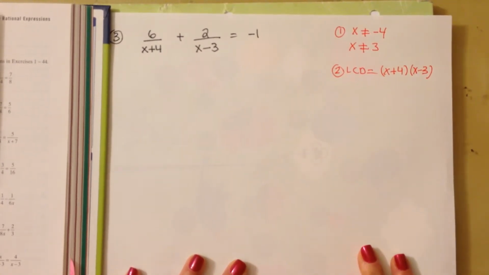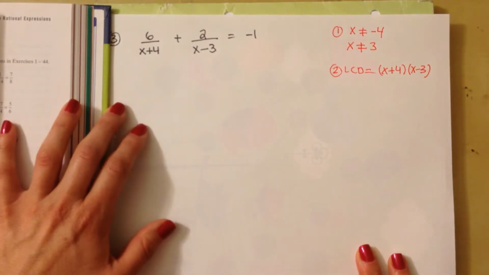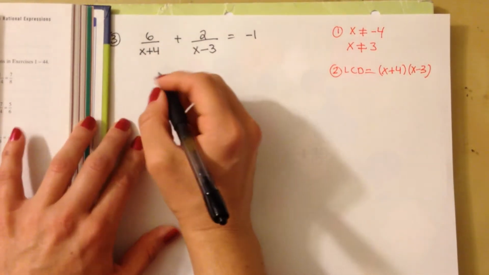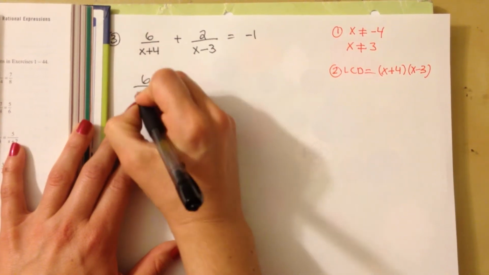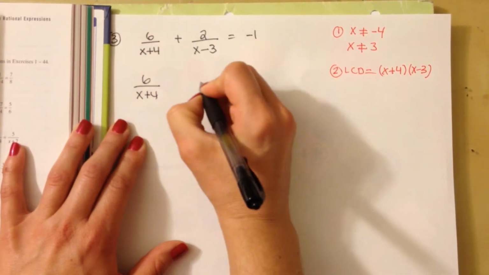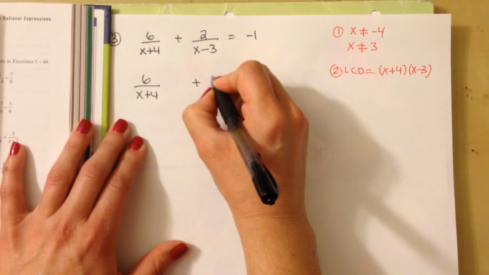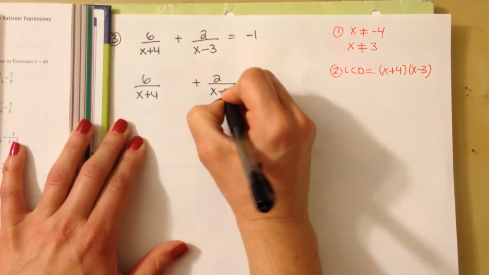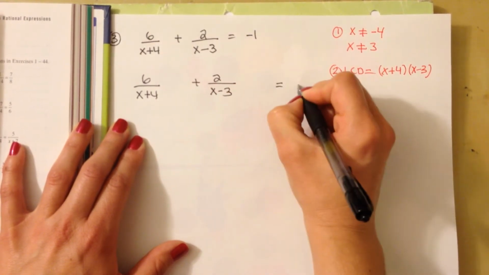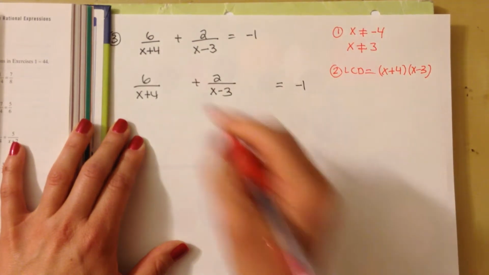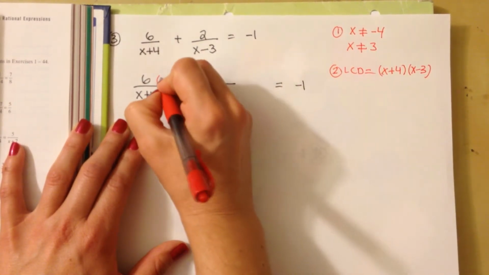And so what we want to do is multiply both sides of the equation by the LCD. I'm going to actually rewrite the problem just to make it a little neater, so we have space. Okay, so let's multiply. Looks like this.